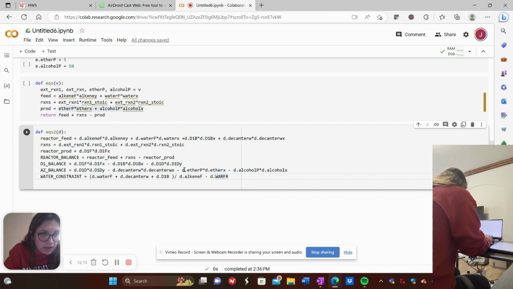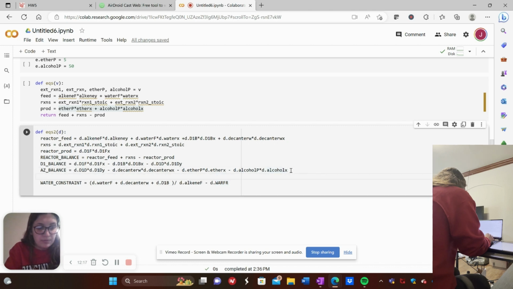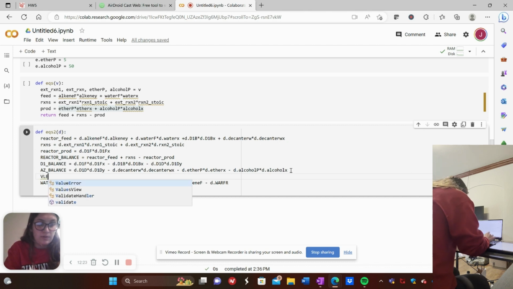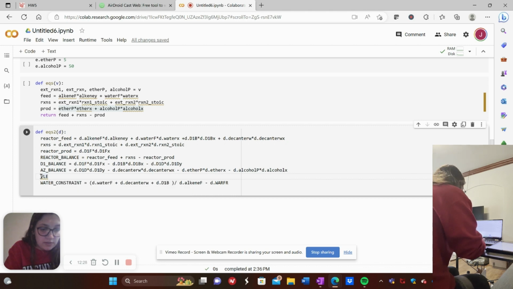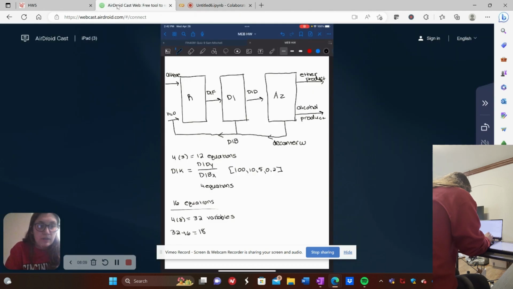And then it looks like we did forget one balance. We need to do our vapor liquid equilibrium balance that's associated with D1. And for this, we had what we had written down here.